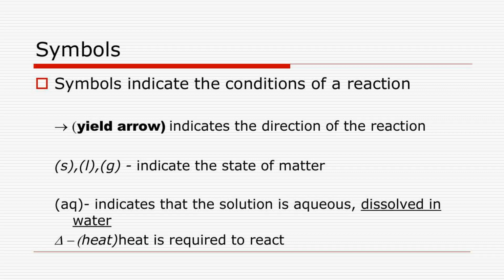So chemical reactions will have different things occurring and different symbols to show those reactions are occurring. Now, today we're not going to focus on these symbols that much because they're not going to be as important as when we get towards the end of the chapter.